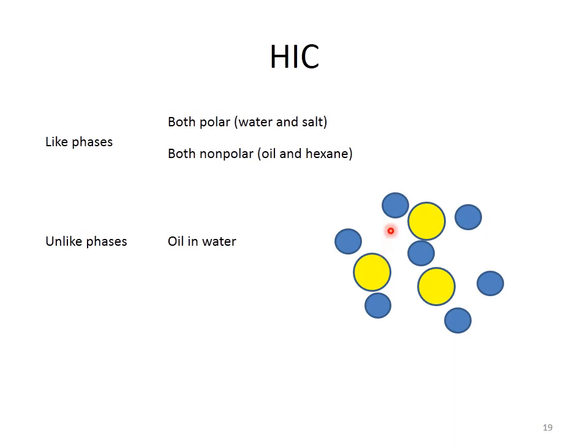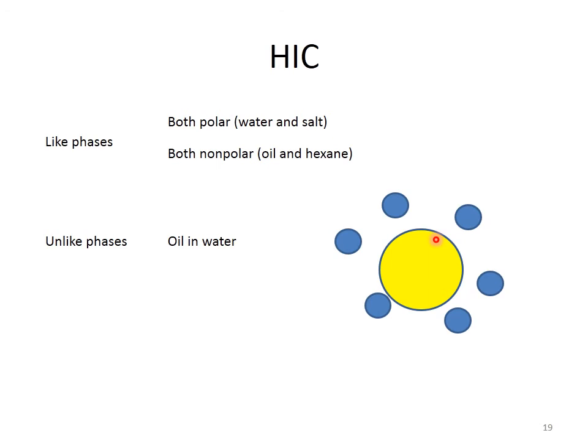So this would result in repulsive forces between the polar and the non-polar molecules. As a result of which, these non-polar molecules or hydrophobic molecules will be forced to interact with one another. And of course, eventually they will merge with one another and form a larger droplet of oil.